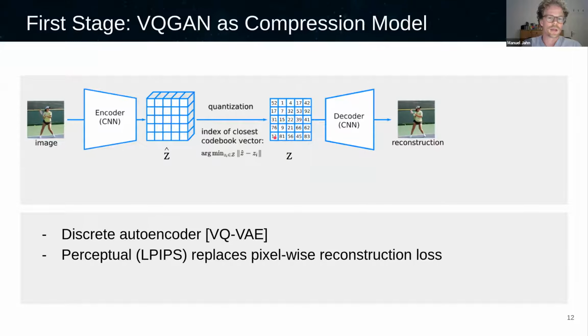As a result, we can describe image content just with an array of indices of the codebook vectors. We typically use 16 times 16 tokens to represent a 256 pixel image. When passing Z through the decoder, we can reconstruct the original image.